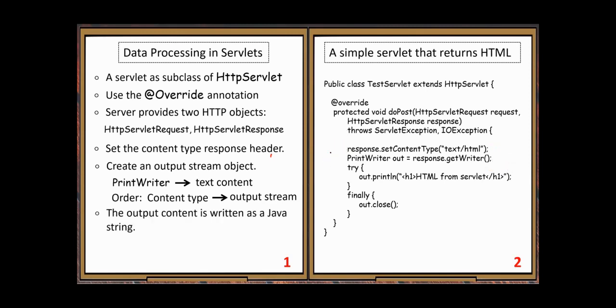Next, when we write the content, finally, we need to produce the output content. Here you can see just regular Java strings. Remember, the output here we want to send to the user.